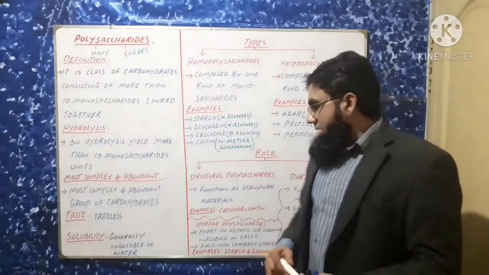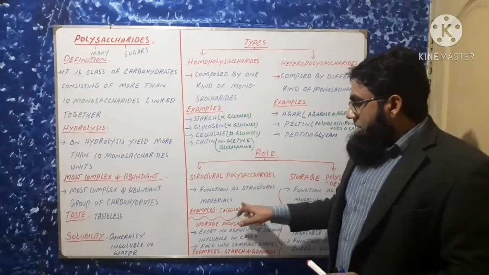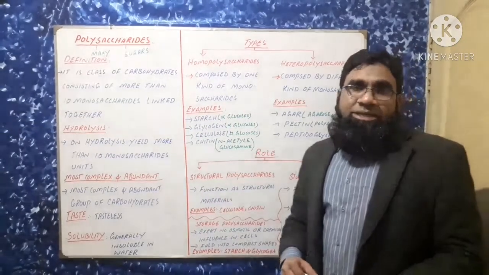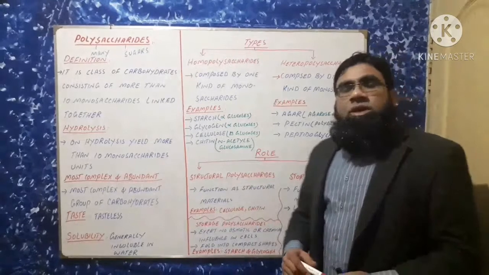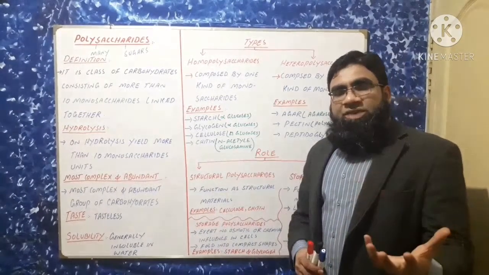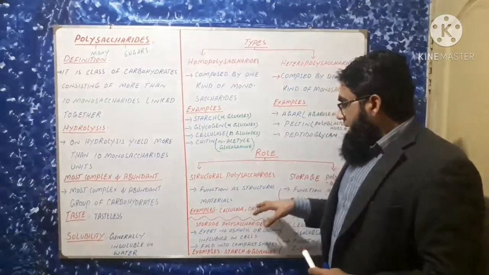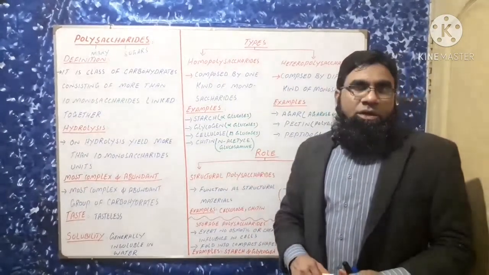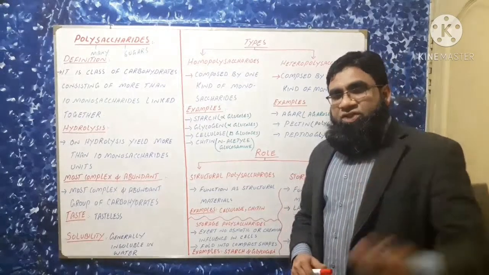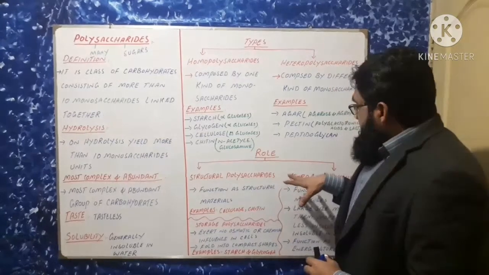Examples of structural polysaccharides are cellulose and chitin. As you know, cellulose is involved in forming the cell wall of plants and algae, and chitin is involved in forming the cell wall of fungi.